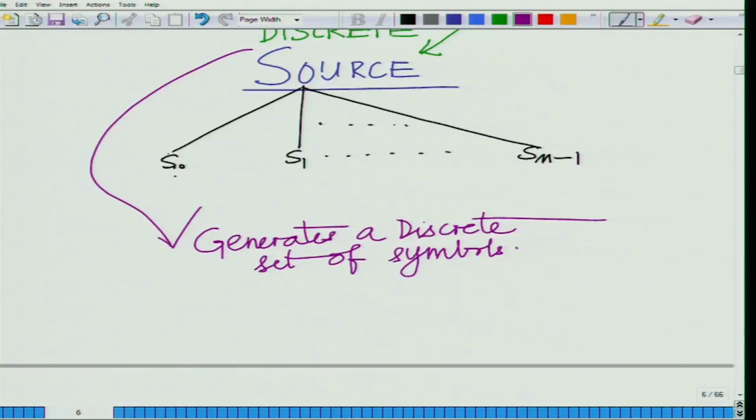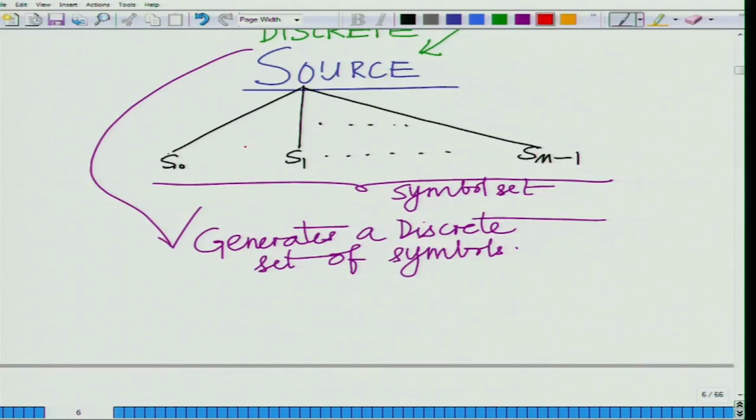For instance, S0, S1 up to Sn minus 1, this is the symbol set, and this is also termed as the source alphabet.